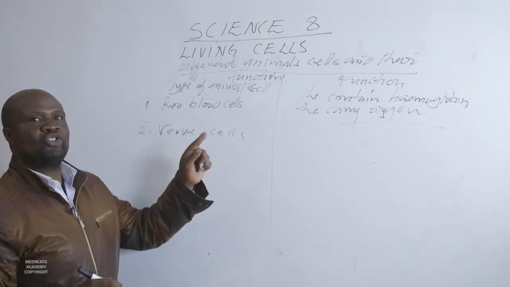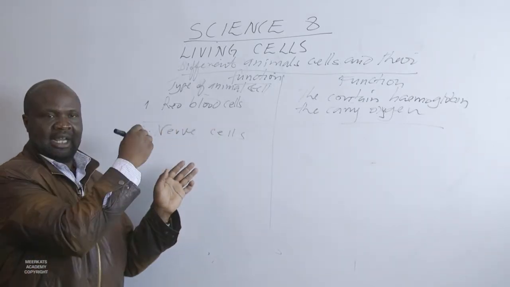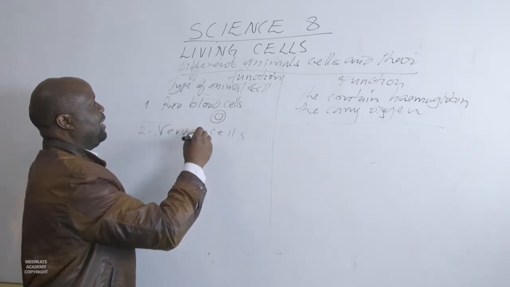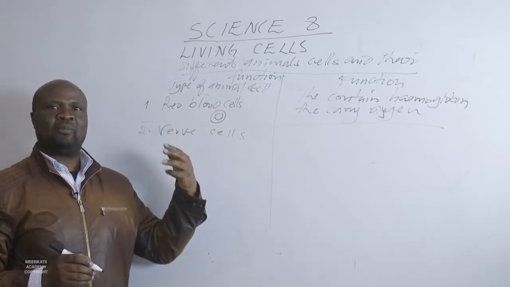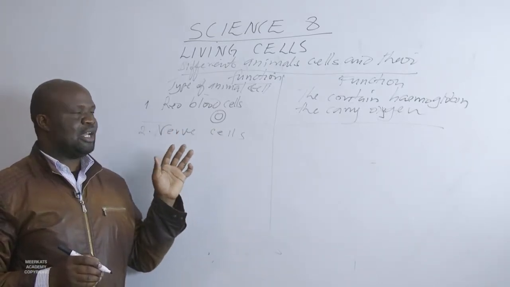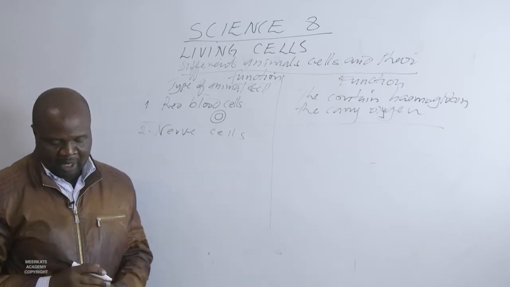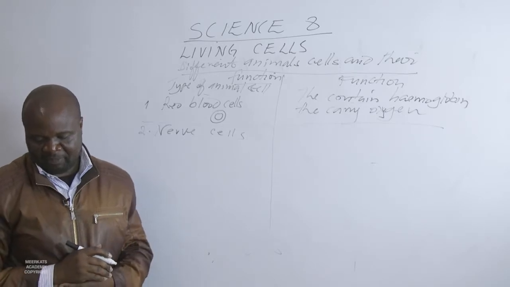Now, nerve cells are not oval like the one we talked about. Red blood cells are oval shaped, and they have enough hemoglobin so that they can carry enough oxygen. But when you go to a nerve cell, it is a bit different.